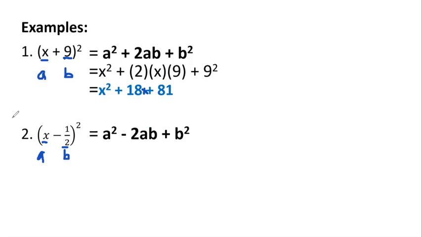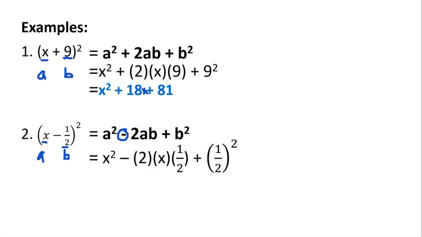And since it's subtraction in the middle of x and 1/2, therefore we will use the one with minus 2ab to get the final answer. Now, our a is x, so a squared becomes x squared. Then copy the negative 2. And the value of our a is x, so we put x here.